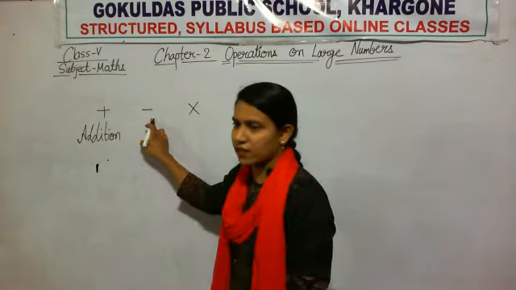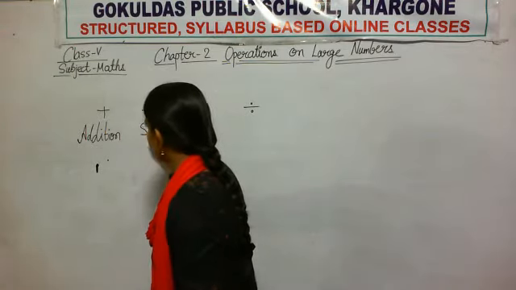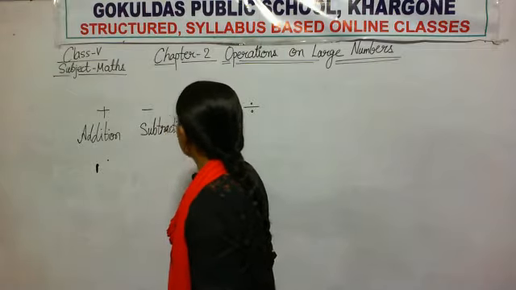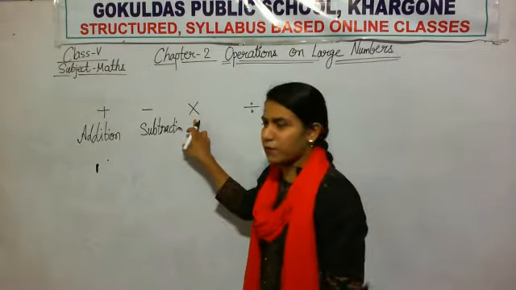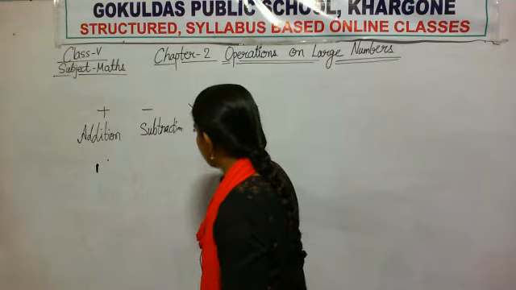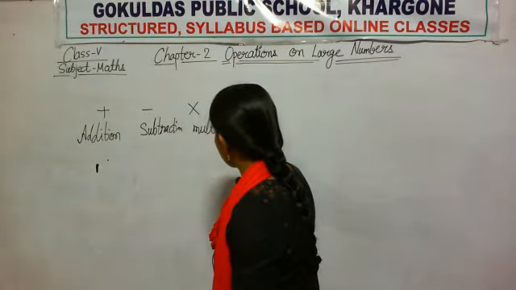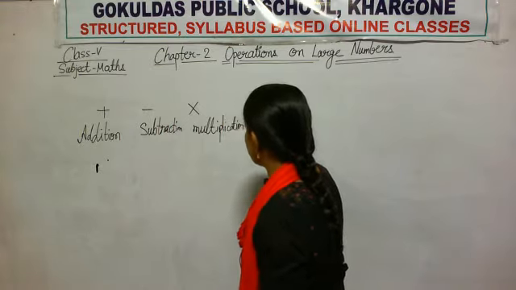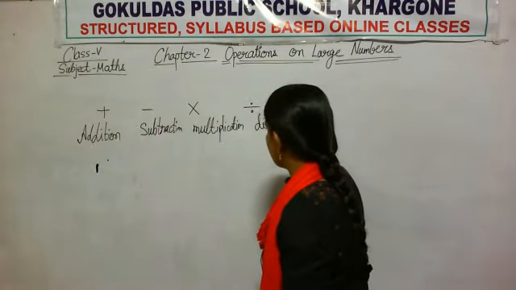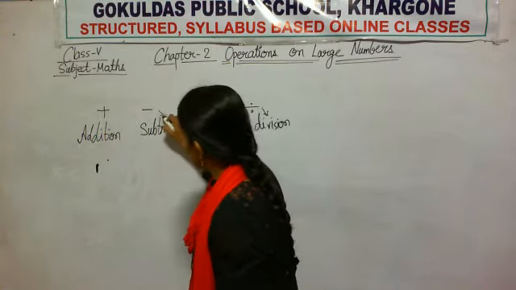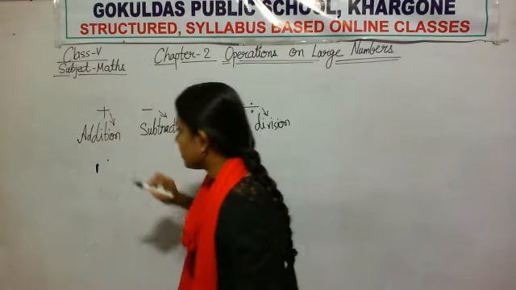This is minus sign, used in subtraction. This is multiplication sign. It is used to multiply two numbers. And this is division sign. Used to divide or show the division.